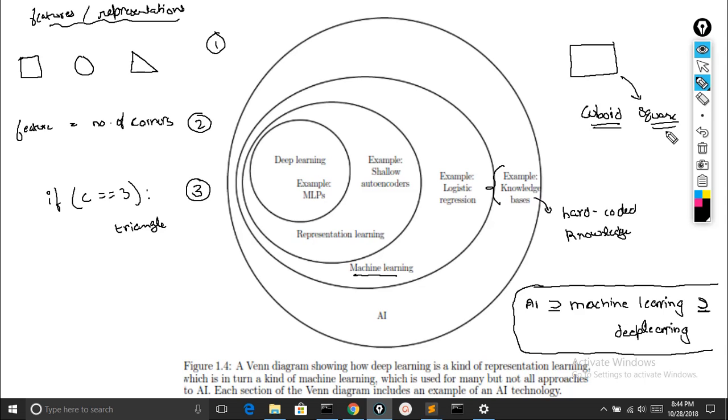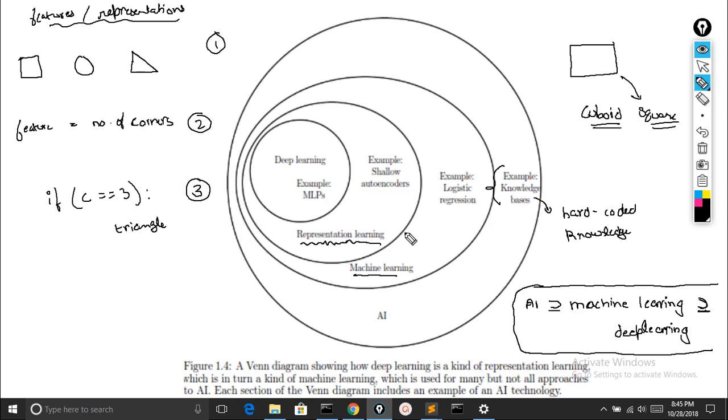One other thing we can do is, what if a model can find out the features on its own? What if it can learn the representations on its own? That's representation learning. Our model learns these features on its own and then classifies the object.